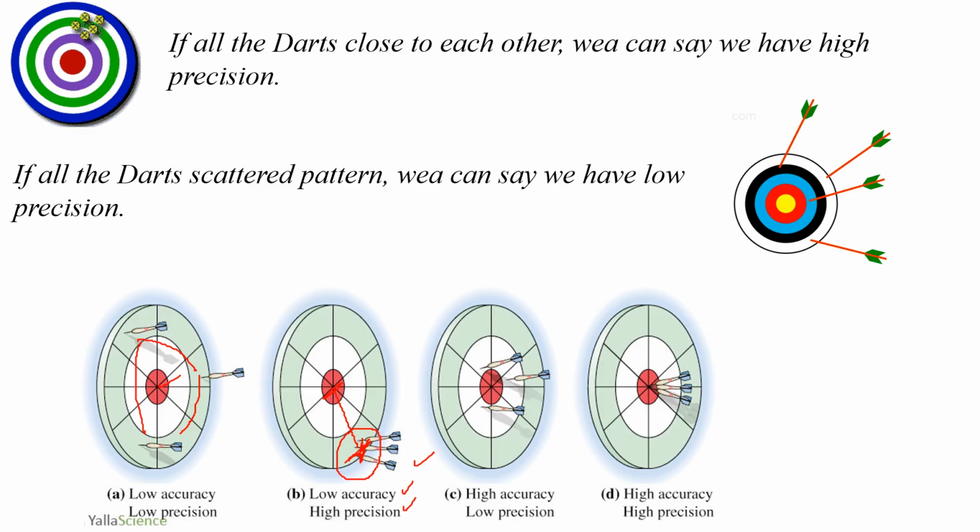All the dots are not close to each other, so it is low precision, but all the dots are very near the bullseye, so it is high accuracy. So high accuracy and low precision. Next, observe another picture. Here all the dots are very close to each other and all hit the bullseye. Then we say that this has high accuracy and high precision.